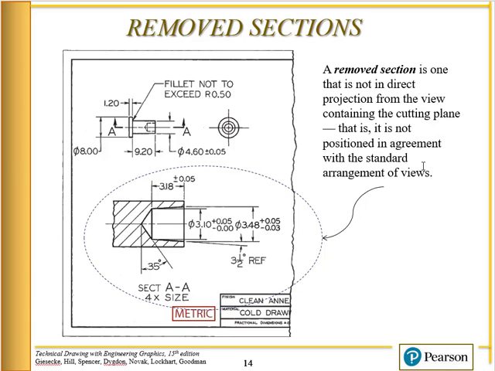It's something that we put somewhere else in the drawing to give us a detail of what the part looks like internally. Essentially we haven't included this in the direct orthographic projection of the parts. We've created a separate detail to show that removed section.